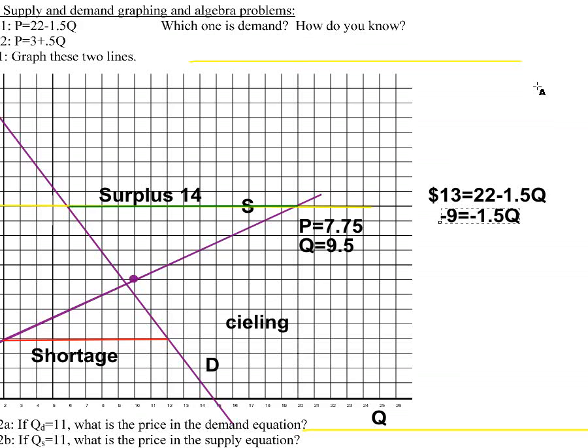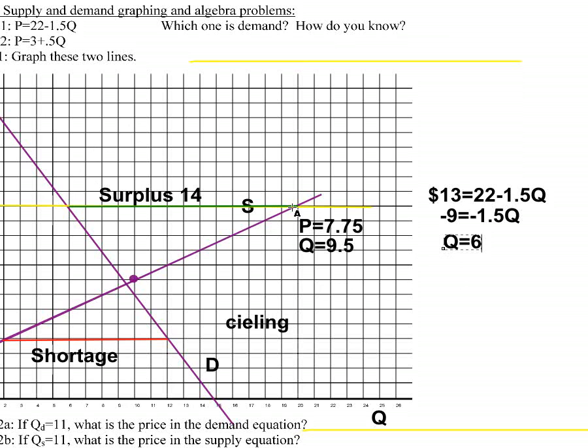Get rid of the negative sign and then solve for Q. Then you can verify that that quantity demanded is going to be 6 once you divide that out. And so Q equals 6. And that's what we saw over here on the demand curve, a quantity of 6 at a price of 13.